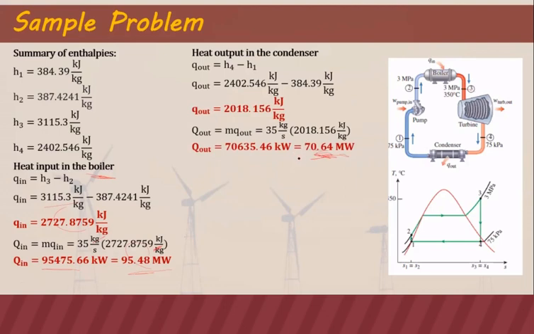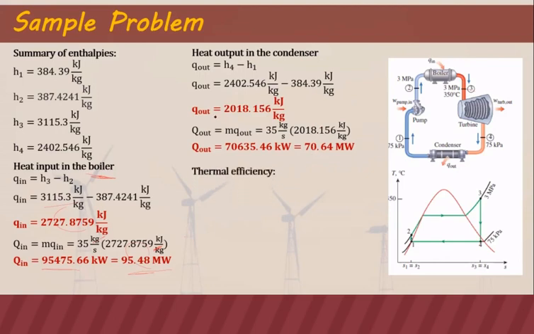As you can see, this is a large amount of heat that is wasted in the process. We have 95.48 megawatt of energy from coal, and 70.64 megawatt is wasted. That's a large amount of heat. That's why there are a lot of modifications that we can do to improve a simple Rankine cycle, so that we can still reuse this heat.